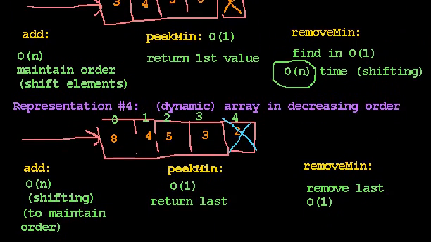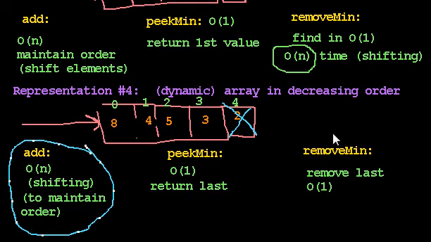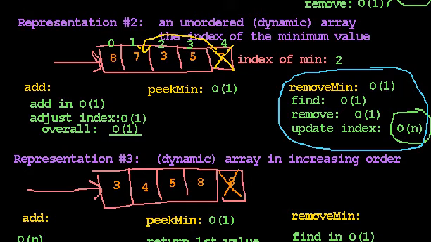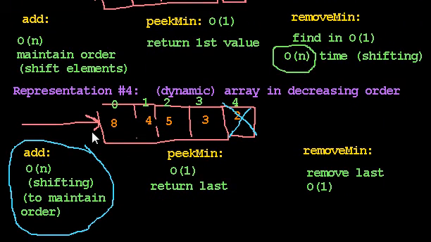But in our fourth representation, this dynamic array in decreasing order, only add was linear time. So, our winning representations seem to be 2 and 4. Either keep it in no particular order, but remember where the minimum is, in which case removing the minimum will be slower, or keep it in decreasing order, in which case adding will be linear time.